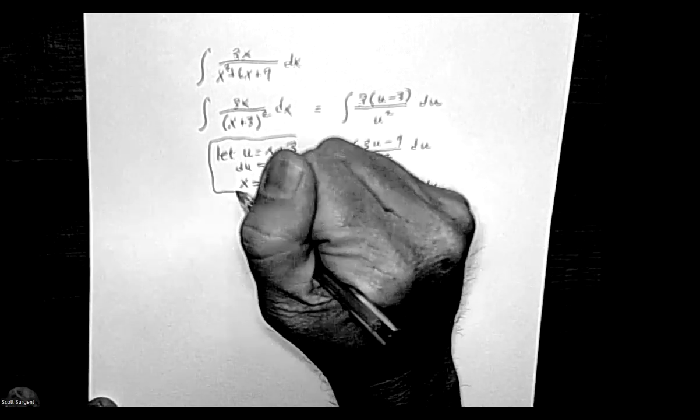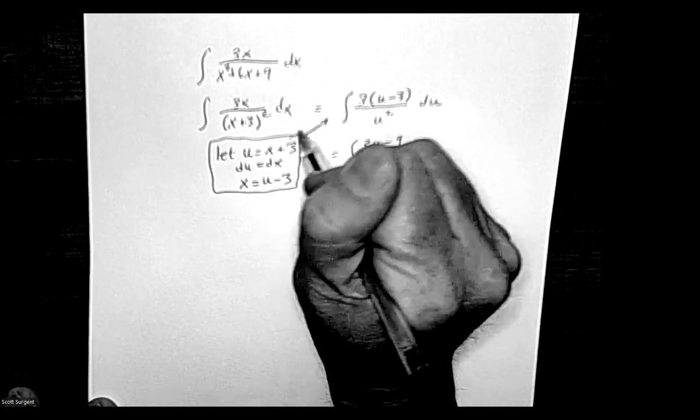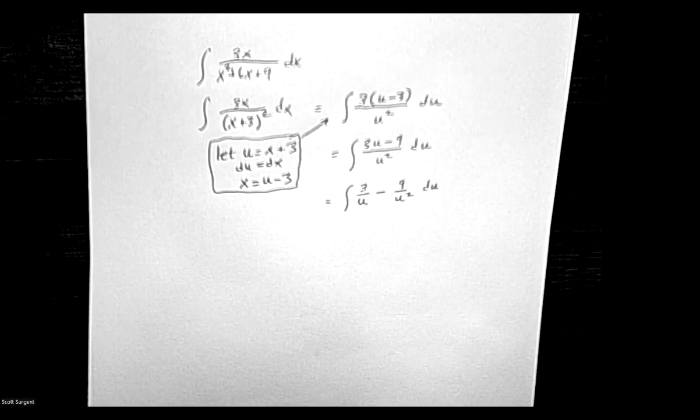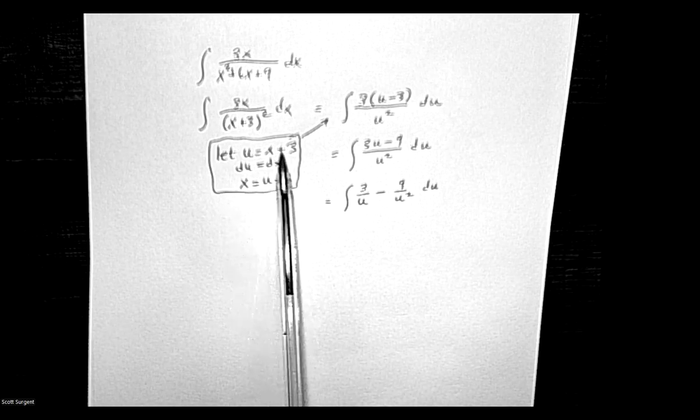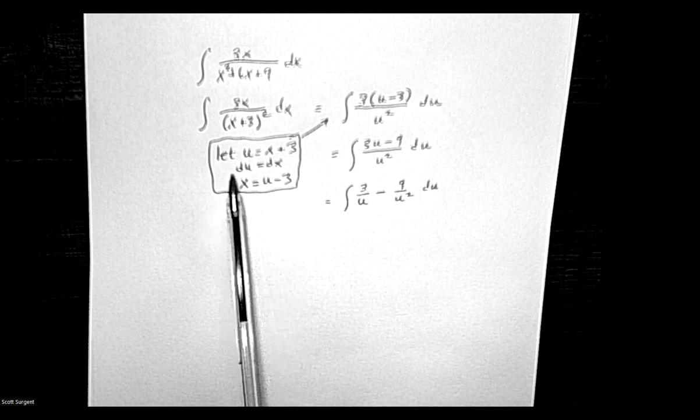These are the substitutions that I made. This doesn't always work with partial fractions, because in this case, I was able to factor the bottom into a perfect squared binomial. But in this case, just let u equal x plus 3, du is dx, so there's no worries there.